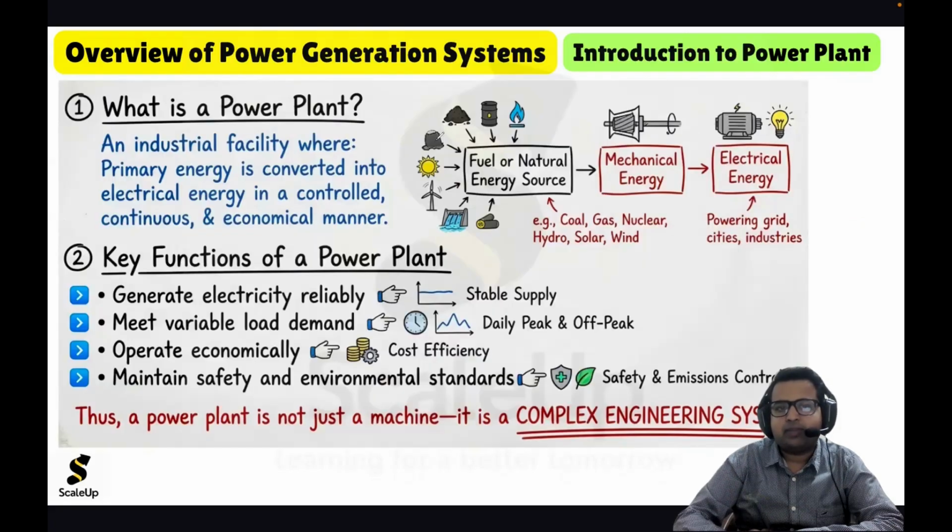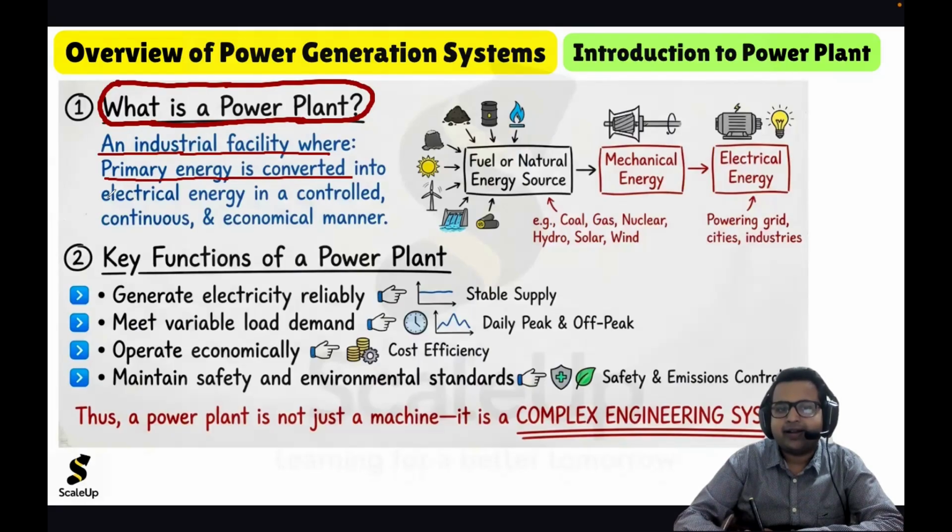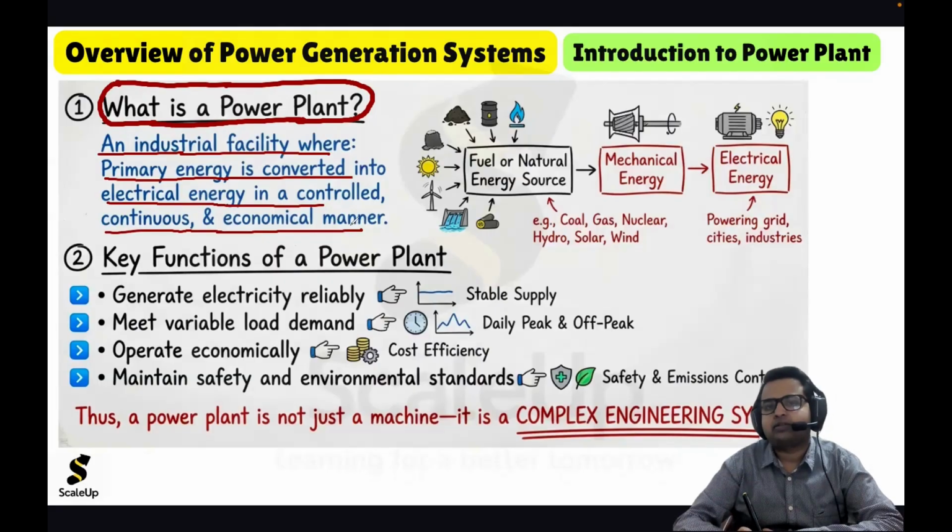So what is a power plant? A power plant is basically an industrial facility where primary energy is converted into electrical energy in a controlled, continuous, and economical manner. Now, what are the primary energy sources?